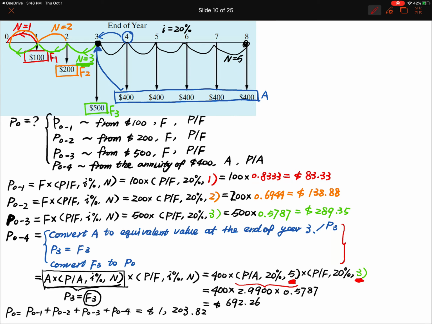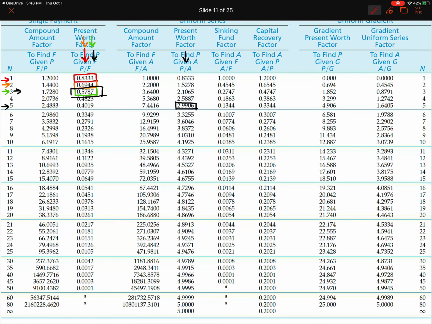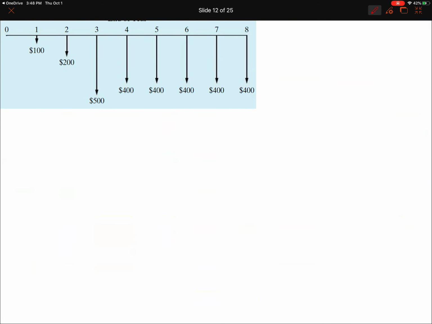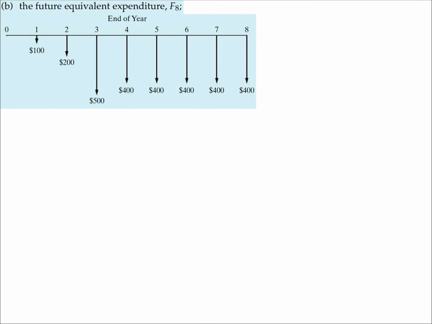Also, this is an example from the textbook, on page 133. So just go check it. Make sure you understand this equation, this calculation.